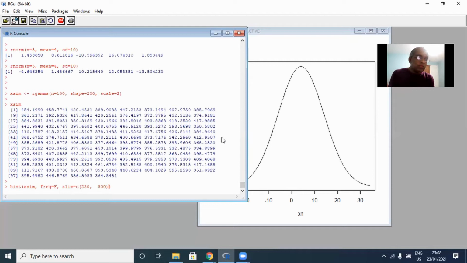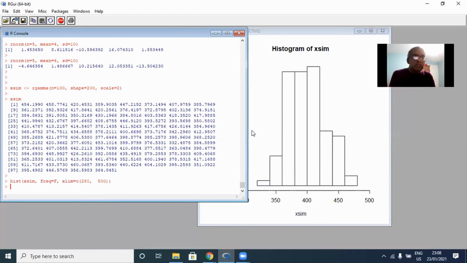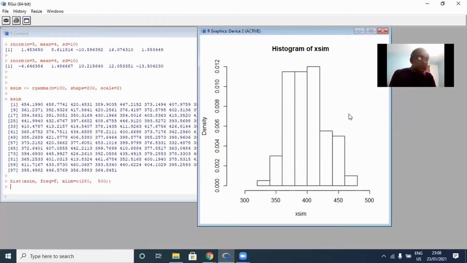The xlim here stands for the limits of the x-axis. So the lower limit of the x-axis is 280, the upper limit is 500. So this is what you get. This is the histogram of the simulated data from a gamma distribution.